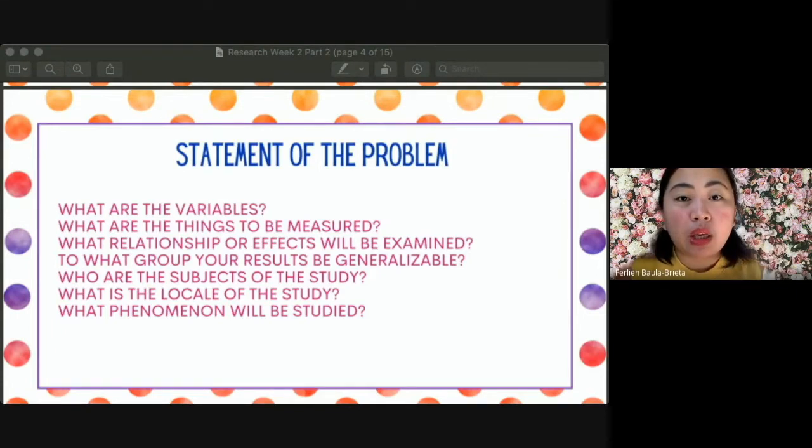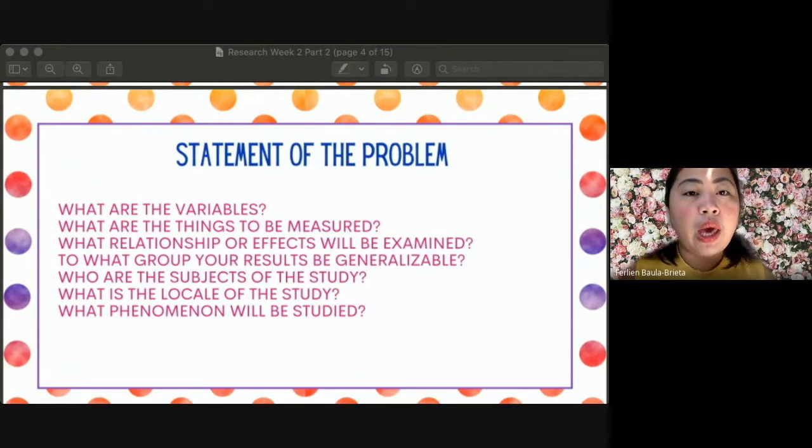So that would be the backbone of the study that will pin all together our different research sections and will make it coherent and accurately stated. It will help the reader understand more because they are following a pattern according to the chronological order of the statement of the problem. So you have to anchor everything on it.